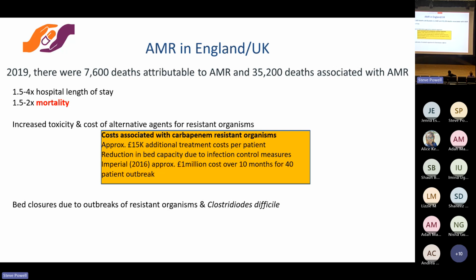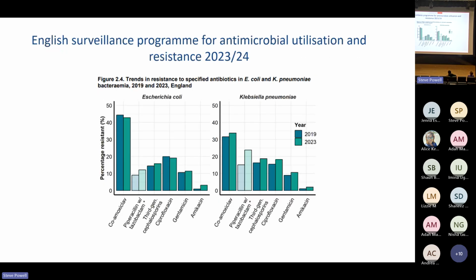The yellow square in the middle gives us an idea of one trust where they had a horribly multi-drug resistant gram-negative outbreak and the cost that incurred as a result. Clearly also at the bottom, it shouldn't really be at the bottom, the issue of C. diff that's associated with high antimicrobial use. And other factors, but antimicrobials are key.